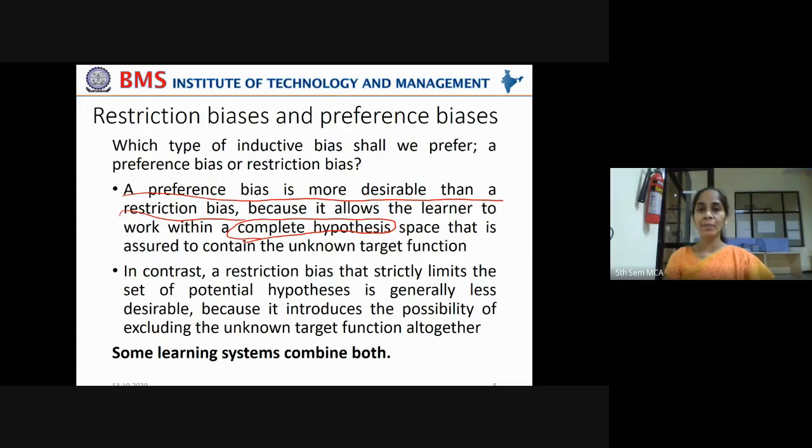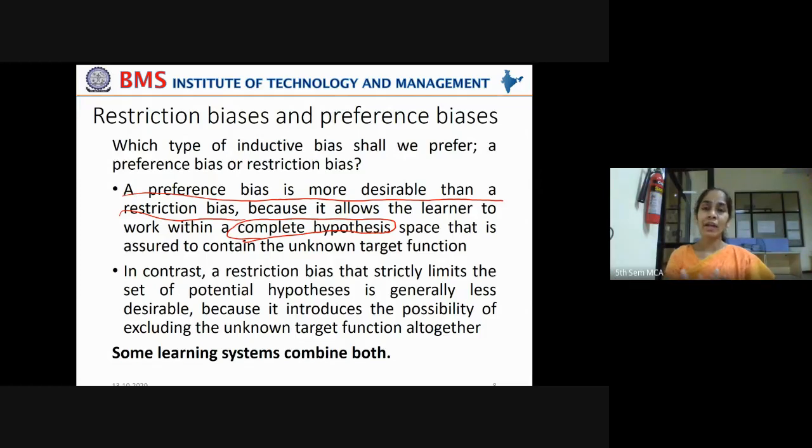How are shorter trees built? By calculating the information gain and building the optimal decision trees by taking the best split point, right? So the ID3 algorithm searches the complete hypothesis space, but partially. It searches partially by considering the statistical measure information gain.